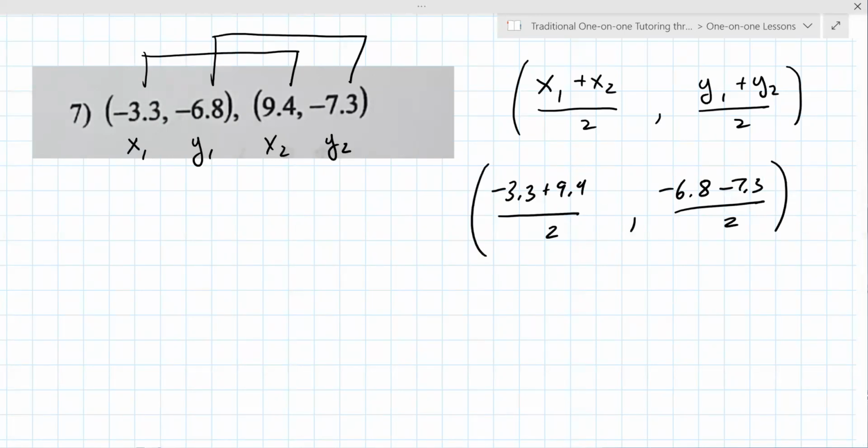And grab a calculator. So that's 3.05. And then the one on the right here is minus 7.05.